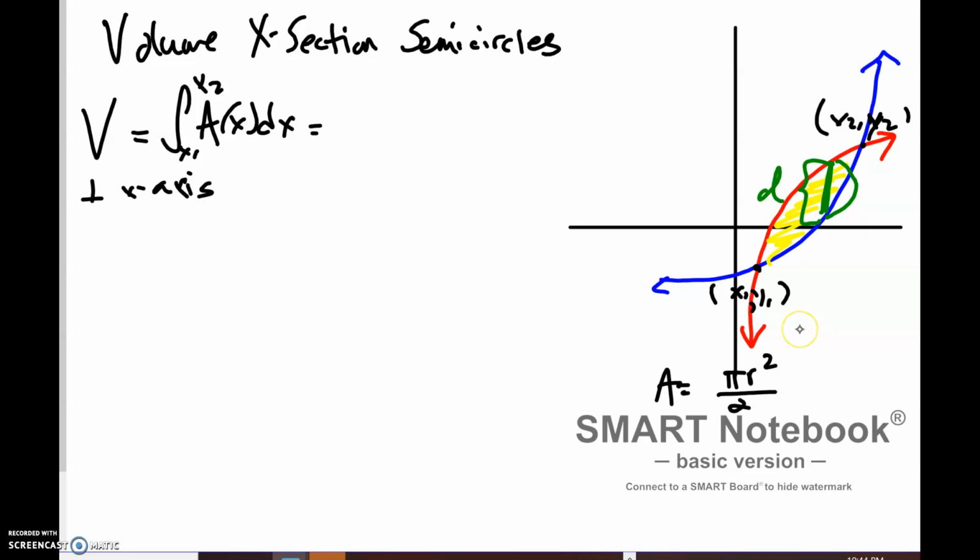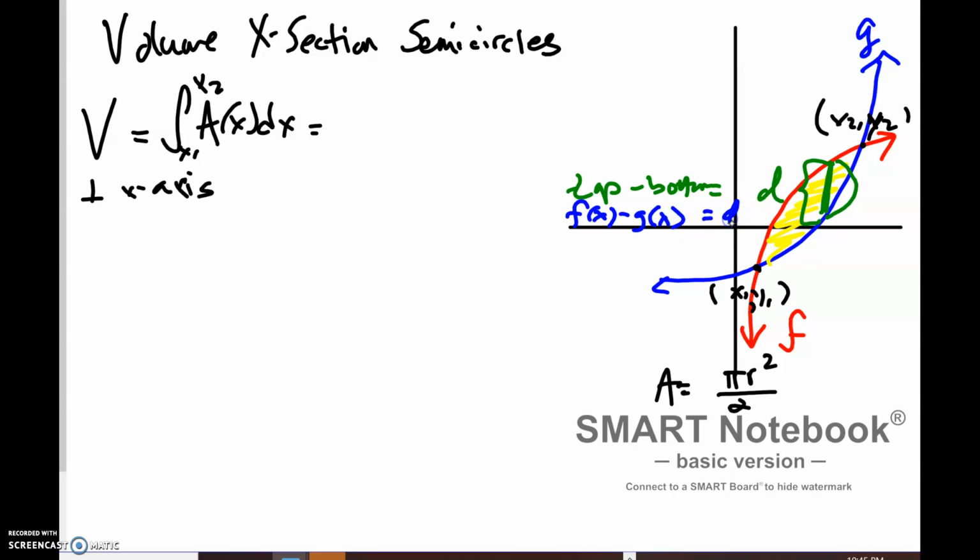So the diameter in this case is going to be top minus bottom, which, if I were to label these two functions, let's call the red one f and the blue one g, then it would be f of x minus g of x.